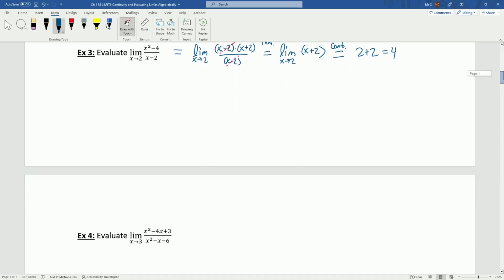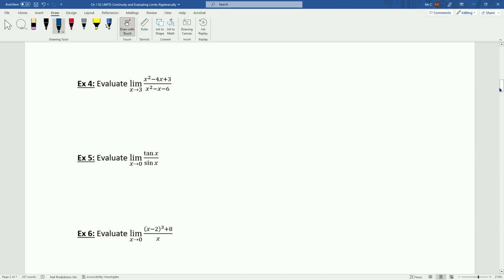Okay, so let's move on to another example. So again, I see if I plug in 3 into the denominator, I get 9 minus 3 minus 6. That's 0. So I would be dividing by 0. So this thing is undefined and not continuous there. So what I'm going to try to do again is see if I can factor the top and bottom and see if I can get rid of that discontinuity.